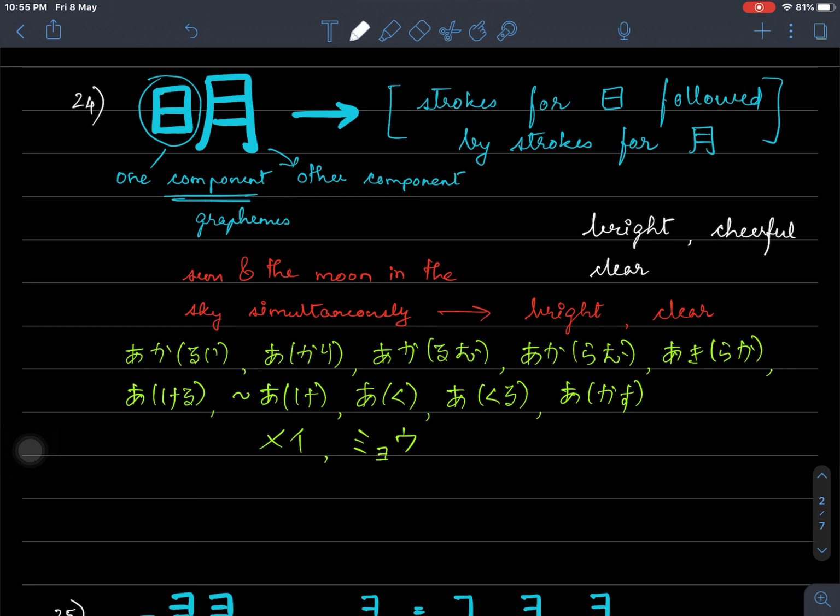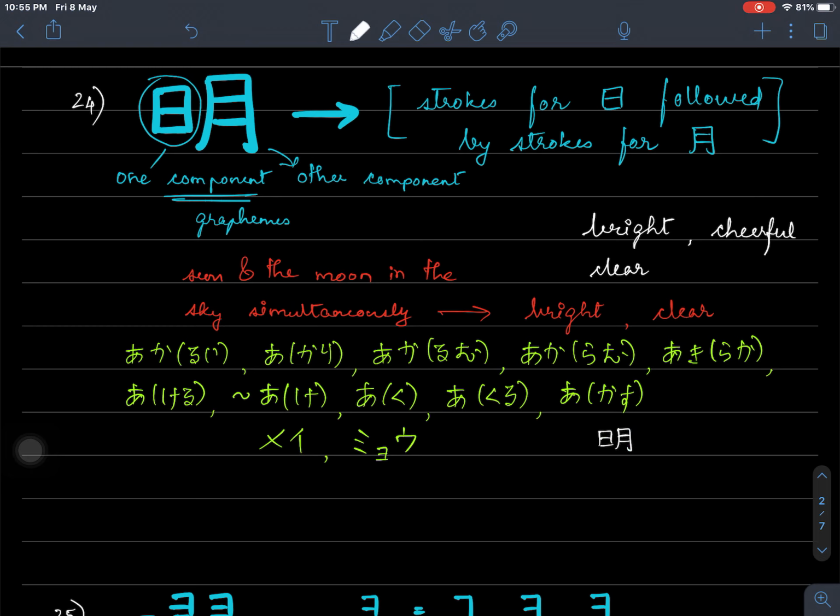You can always pause and take down everything, or you can refer to the book in case it's needed, or you can refer to some other websites like jisho.org, which is a very good dictionary website. You can use it to read all the available kunyomis of it. So let's have a look at some of the words.